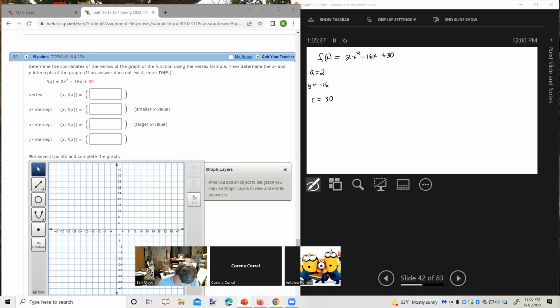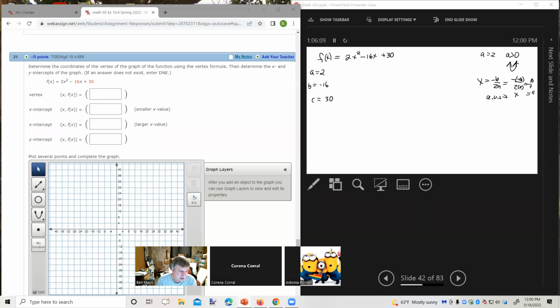A equals 2, A is greater than 0, so the parabola opens upwards. When we get all done, we better have a parabola that opens upwards. X equals -b over 2a would be negative times negative 16 over 2 times 2, which is 16 over 4, which is 4. So the axis of symmetry is x equals 4.